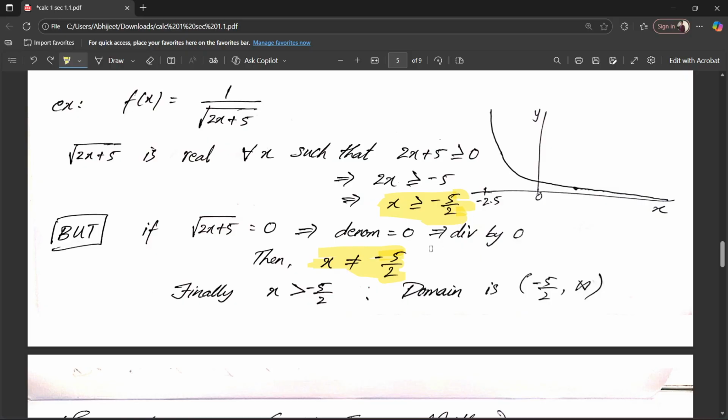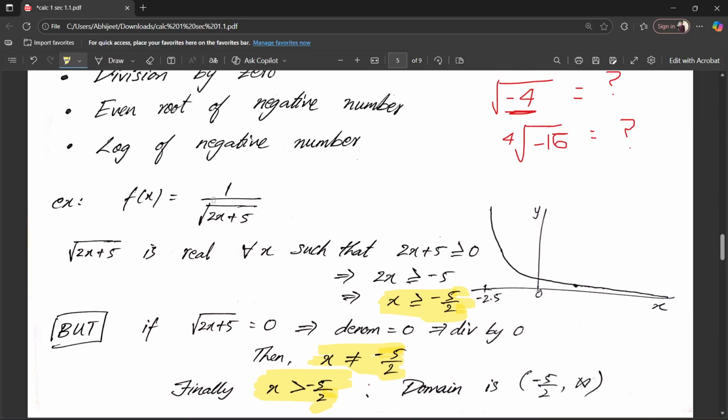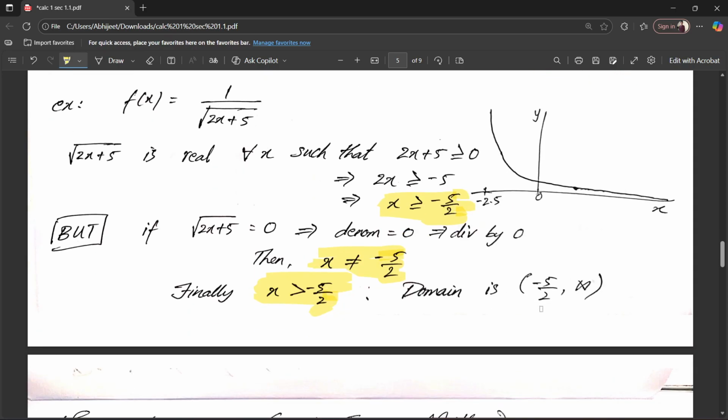Now, taking these two, the common constraint out of these two is that x has to be greater than minus 5 over 2. That's the final conclusion. And the domain of this function is minus 5 over 2 to infinity, open brackets. What do I mean by open brackets? It's this.